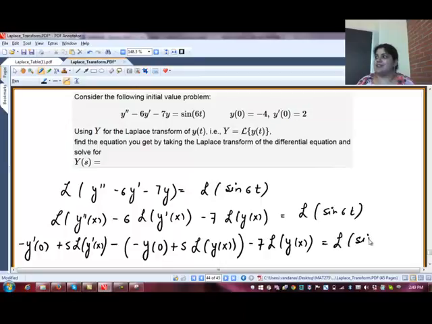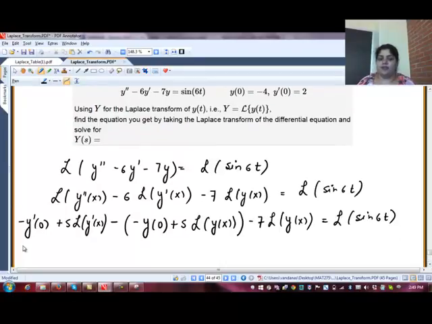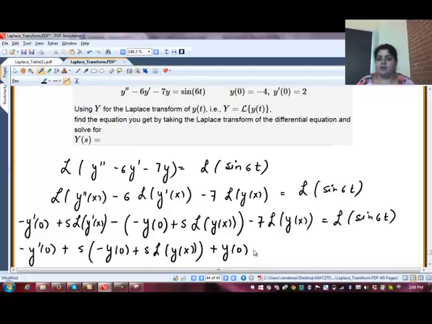So sinh 6t. Okay, so let's simplify this further. y prime 0 plus s times minus y 0 plus s Laplace transform of y(x) minus s Laplace transform of y(x) minus 7 Laplace transform of y(x) equals Laplace transform of sinh 6t.